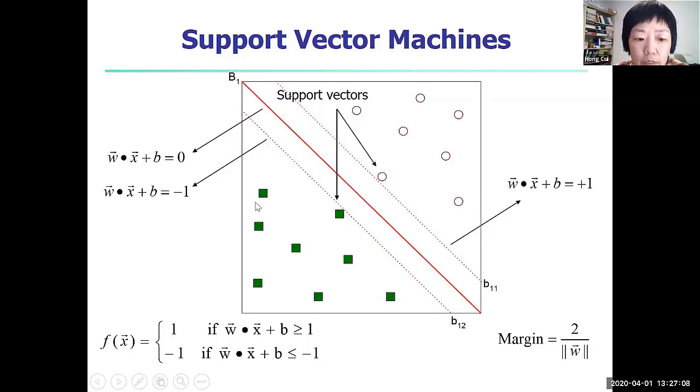Then our boundary is basically saying that all the points that are greater than 0 reside on this side, and this is going to be our class 1. All the points that go below this line are going to be our negative class 2. So support vector machine was designed for binary classification problems. There are 2 classes we want to separate.